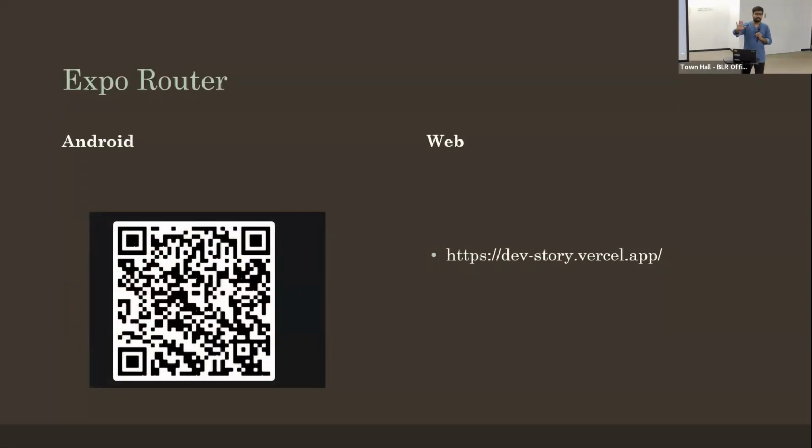So what I would ask you to do is scan this QR code and download the app. I would want you to have the live experience of the power that Expo router gives you. Just download this app and see how the navigation is there in the app. When you download that app, you will have a warning that it is not safe.